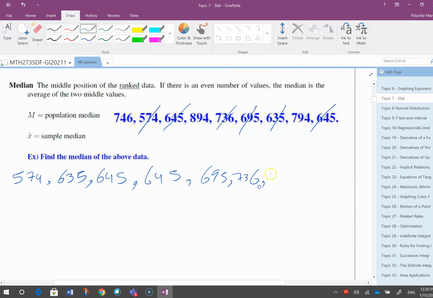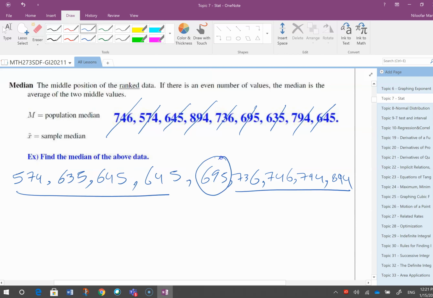Make sure to cross them, otherwise you miss one. 746, yes, I cross it. Then 794, then 894, and I cross them. See, I have 4 here, and I have 4 here, and in the middle one is the median.